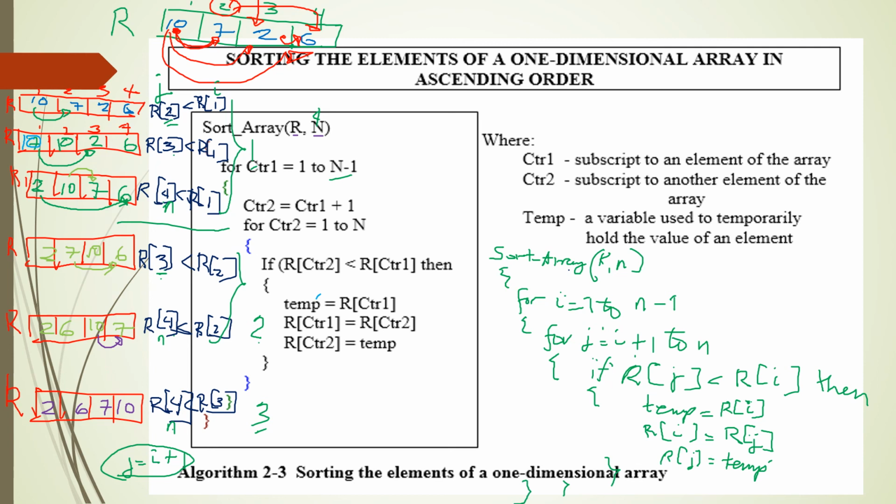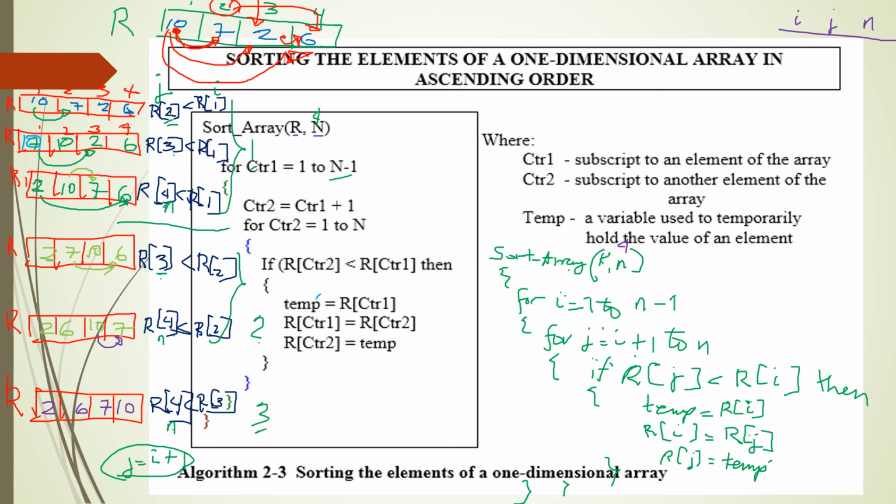Okay? So, if we're going to simulate that, parang ganito pa rin yan. Okay? O, sige. Simulate natin. Okay? Ito pa rin yung array. We have, the size of the array is 4. Okay? So, for I is equal to 1, so we have variable I and variable j, right?